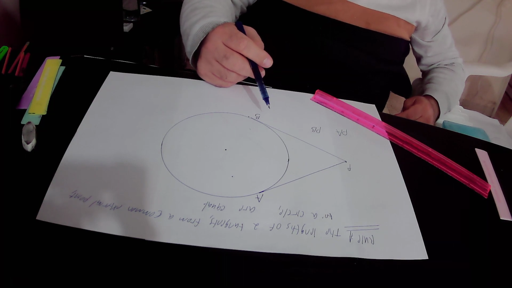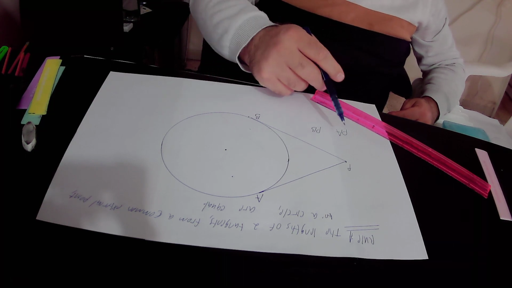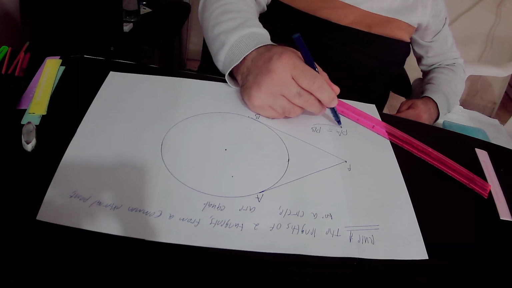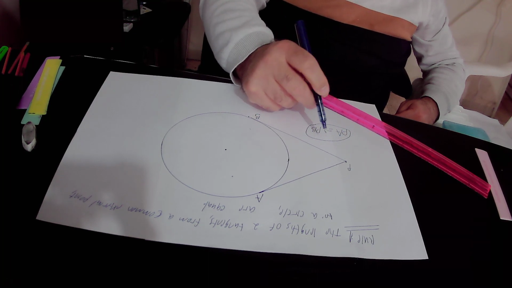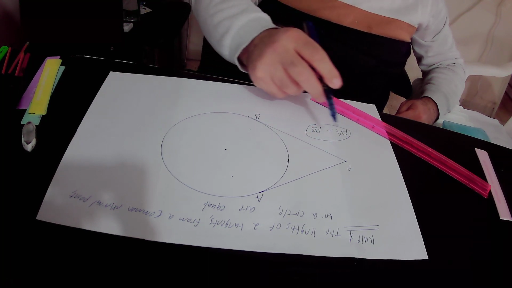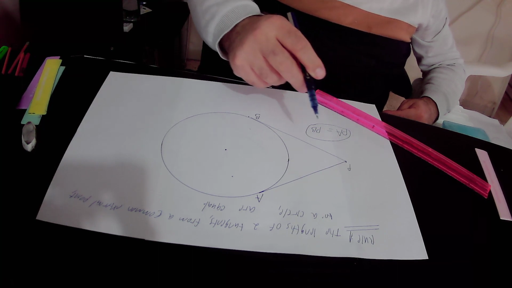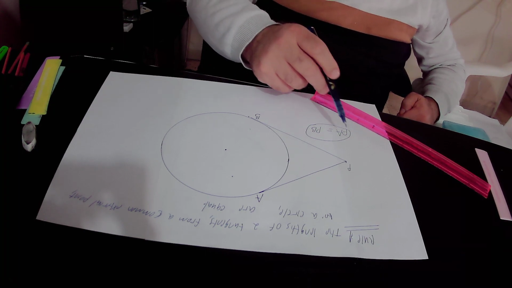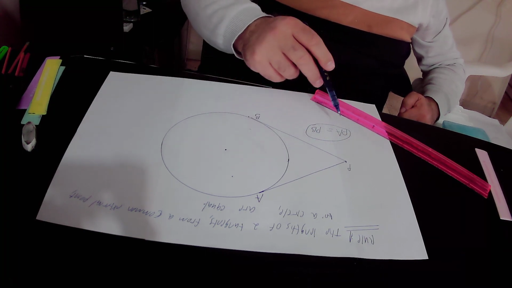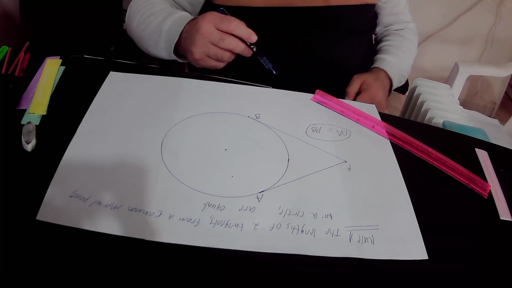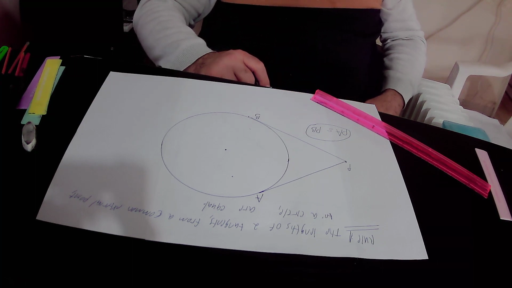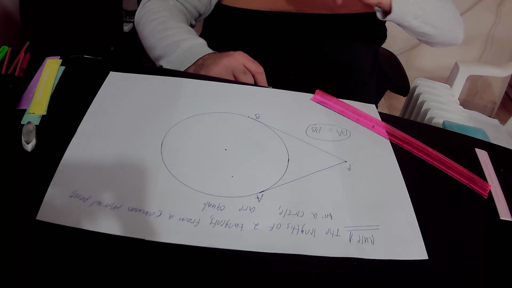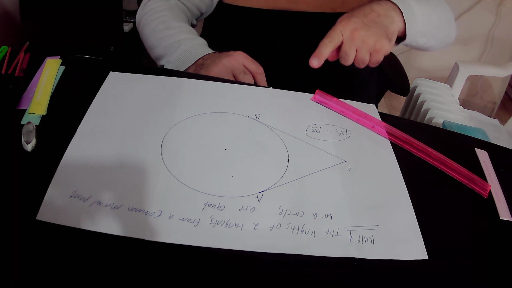So according to rule number 1, PA is equal to PB, because the lengths of those two tangents from point P to points A and B are equal to each other. So whenever you have an external point to a circle and you draw two tangents to that circle, the lengths of those two tangents will be equal to each other. In this case, PA is equal to PB.